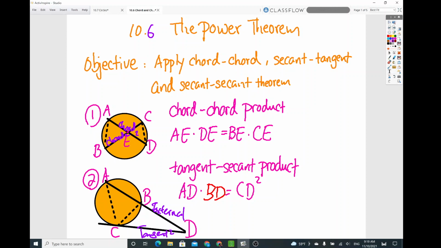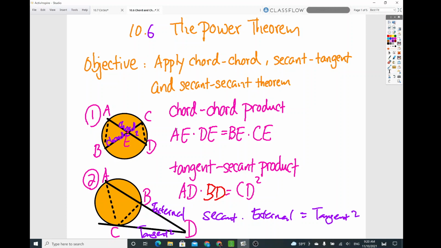Another way to name it: the secant segment times the external segment along that secant equals the tangent squared.